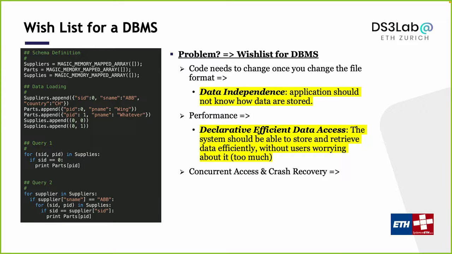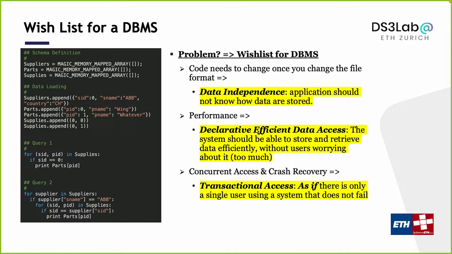So about concurrent access and crash recovery, right? We want to have what we call transactional access. Even if there are multiple users asking queries and updating my data at the same time, what I want from a database management system is as if all those requests come in a sequential way.